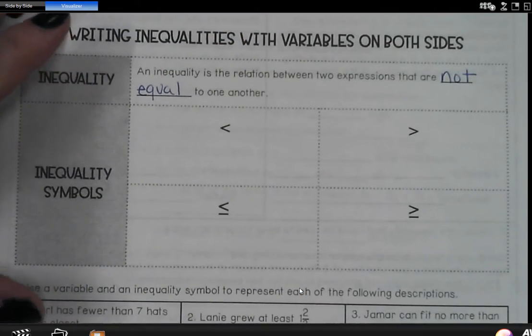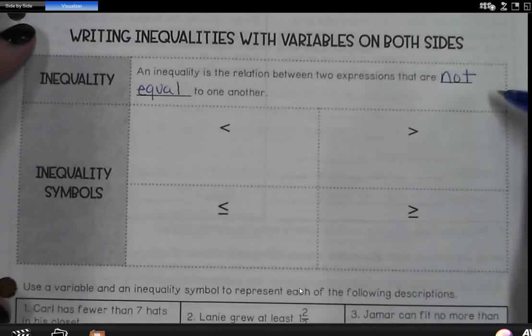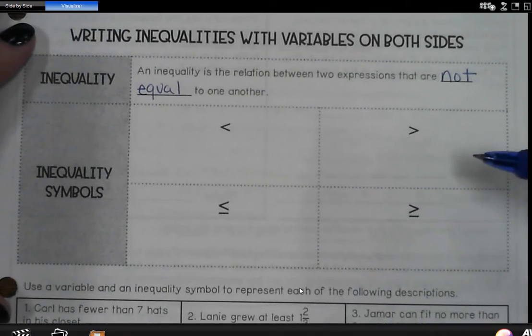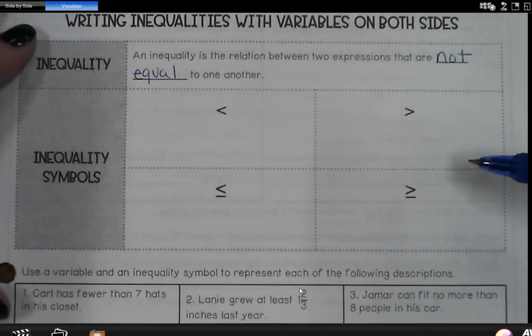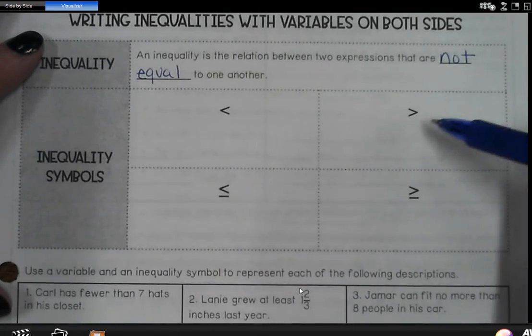So that means that you have more than or less than, and those are when we use inequality symbols. Sometimes the words are hard to figure out. So we're going to talk about what each one of these symbols mean.